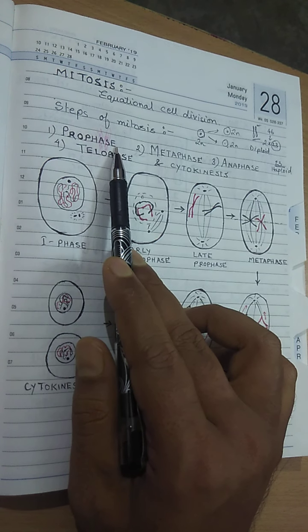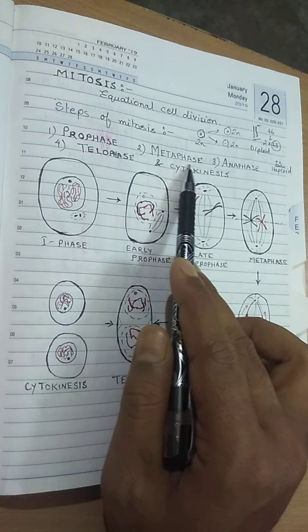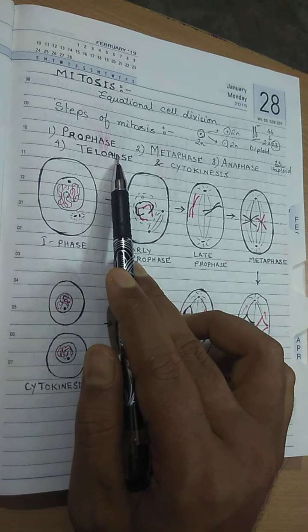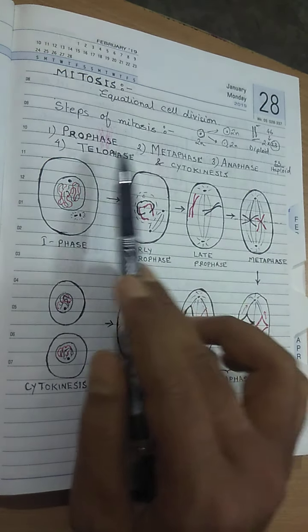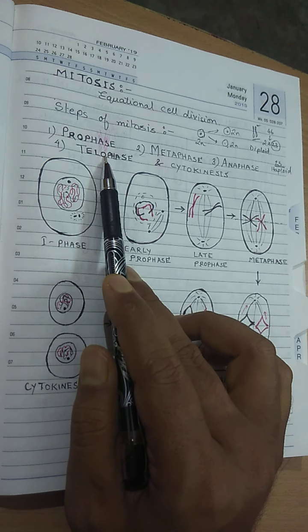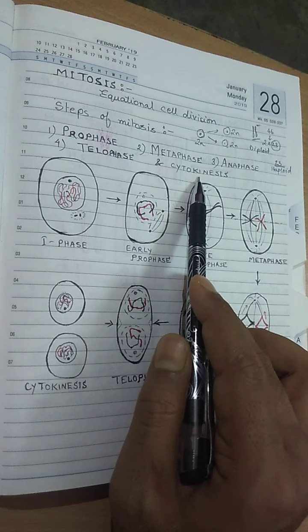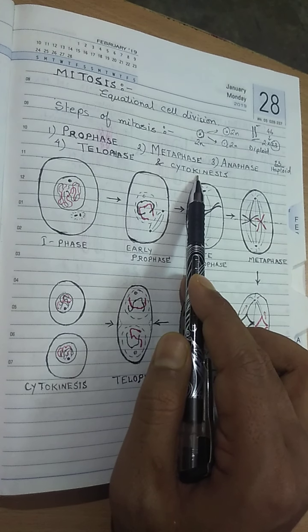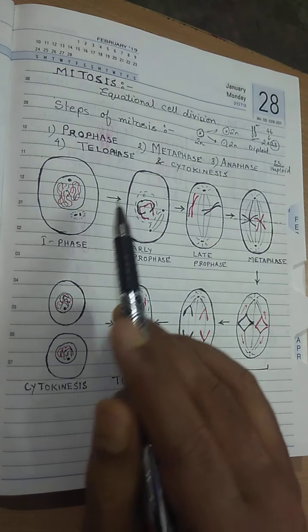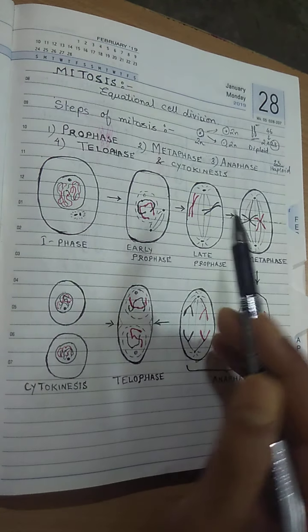First one is the prophase, second is the metaphase, third is the anaphase, and the fourth phase is telophase. These four are the phases of karyokinesis or nuclear division, which will be followed by cytokinesis, that is the cellular division.